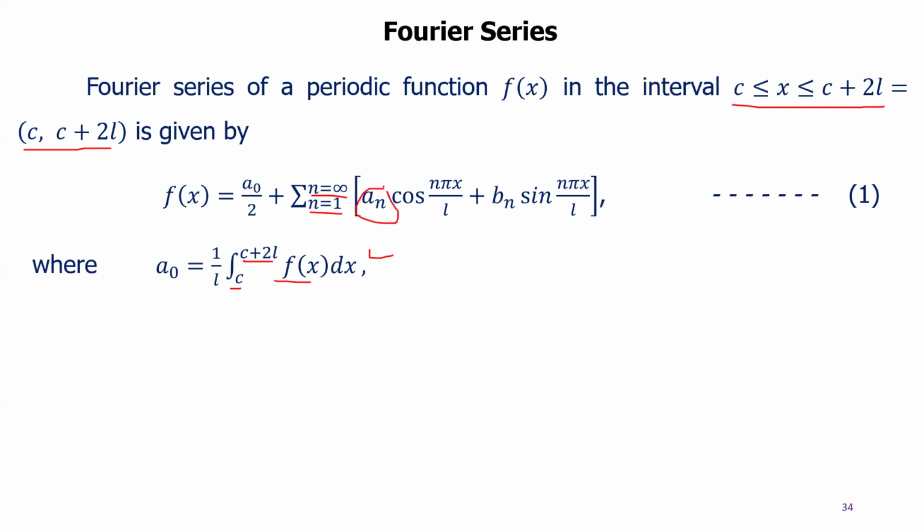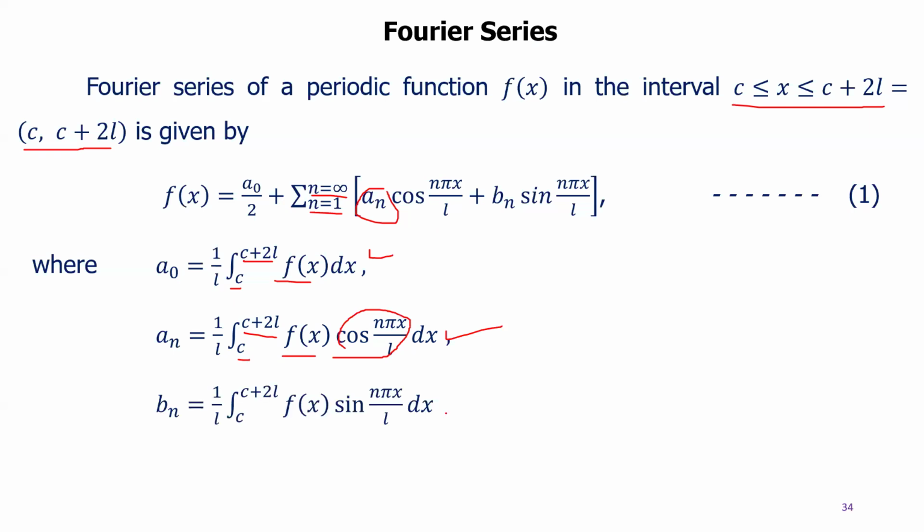Similarly, an is equal to 1/L times the integral under the limit c to c + 2L of f(x) cos(nπx/L) with respect to x. And bn is equal to 1/L times the integral under the limit c to c + 2L of f(x) sin(nπx/L) dx.